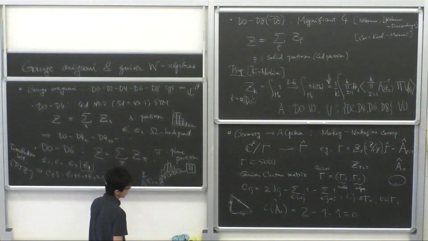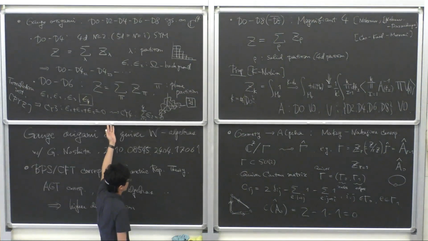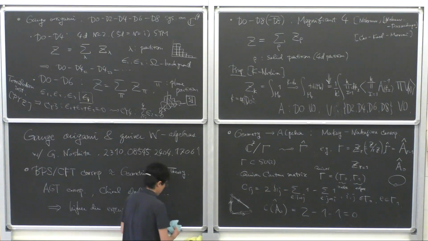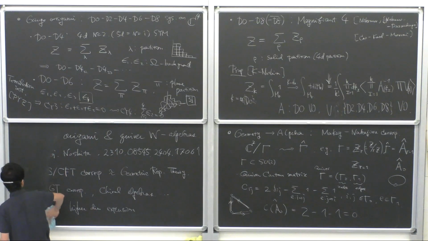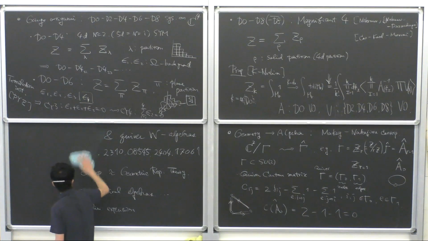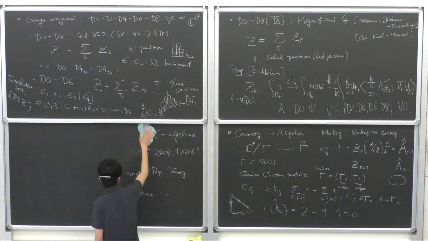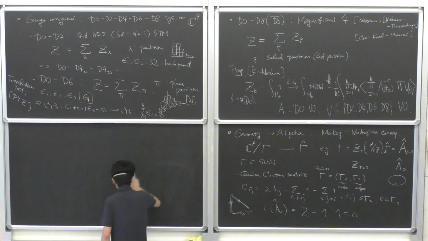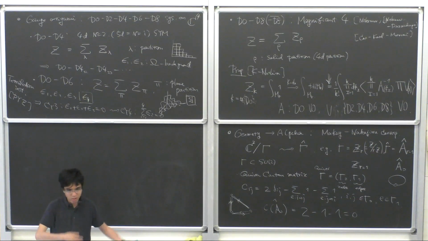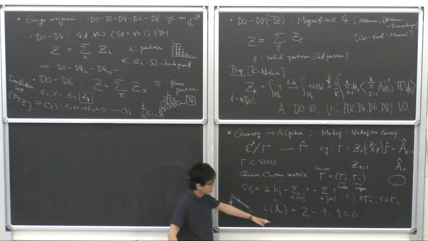But this is true in the sense that for an affine quiver, or the Cartan matrix of an affine Dynkin diagram, more or less the definition is that the corresponding Cartan matrix has only one zero eigenvalue. In this case we only have one node, so the Cartan matrix should be just a 1 by 1 matrix with a zero eigenvalue. The only choice is just 0, really trivial.